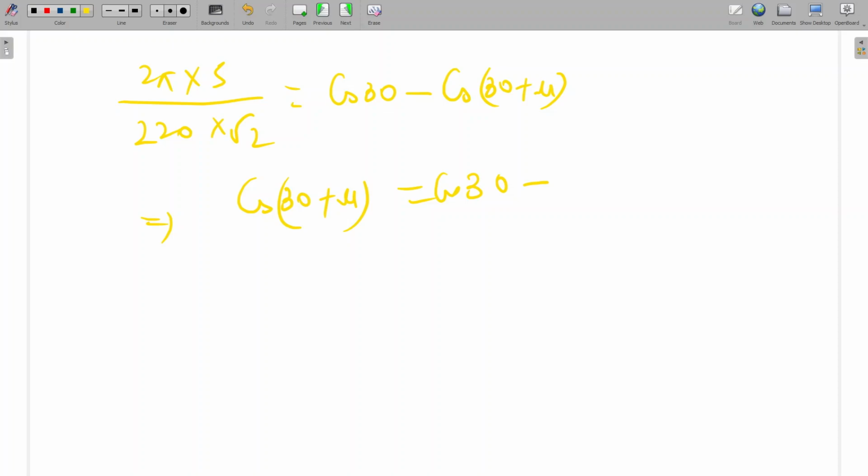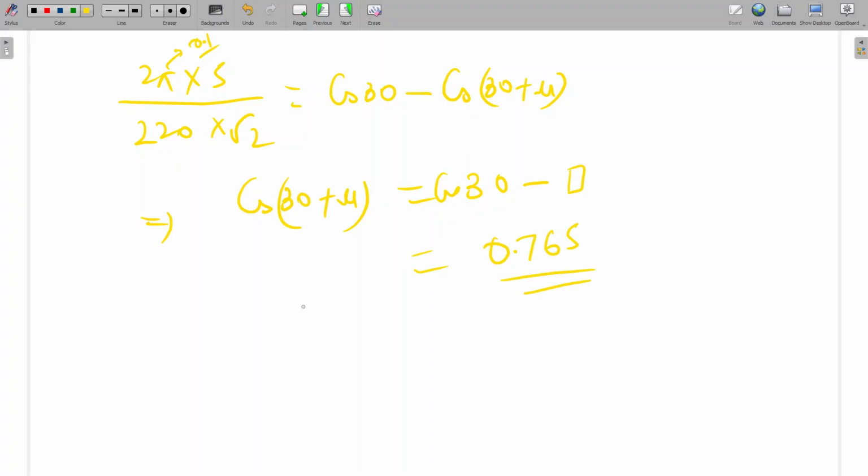One second, we'll take the calculator. So it will be 2 pi into 5 divided by 220 into root 2. This I'm getting as 0.1 almost. Minus cos 30, so the total will be 0.765.